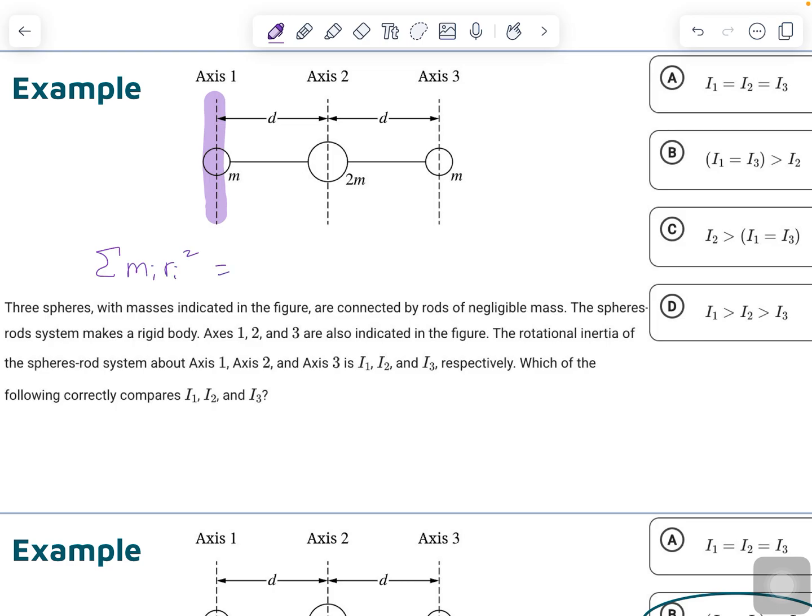For axis 1, it would be 2m times d squared plus m times 2d squared. So when we do this here, we would have 6md squared. That would be for axis 1.